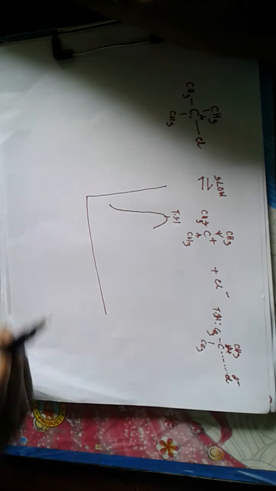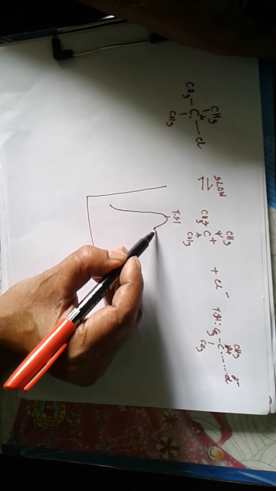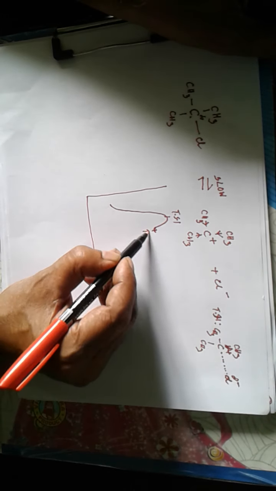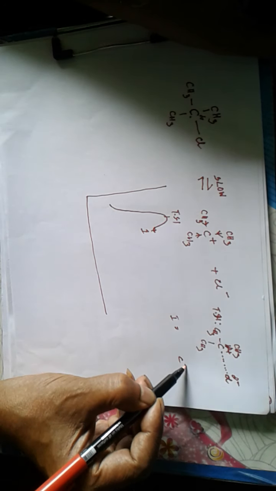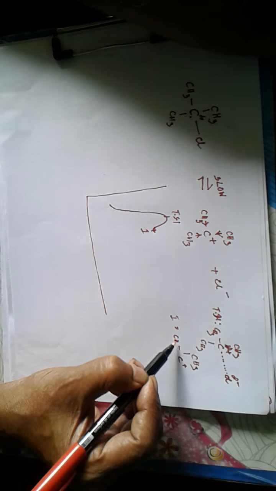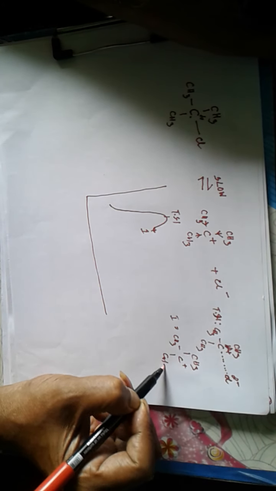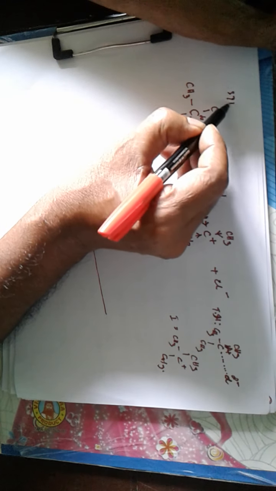So this will be TS1. Now the intermediate in this reaction will be the t-butyl carbocation, C positive, CH3, CH3 and CH3. Now in the second step, this is step 1.